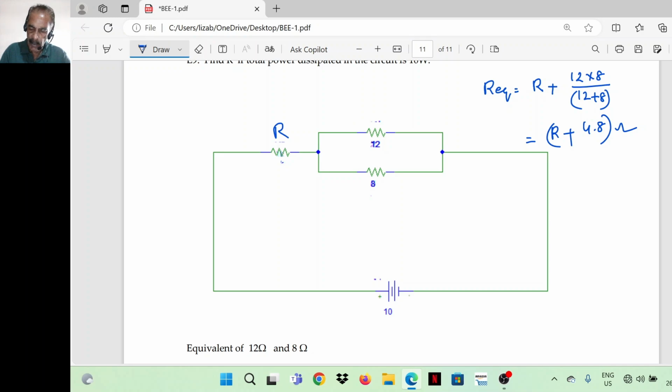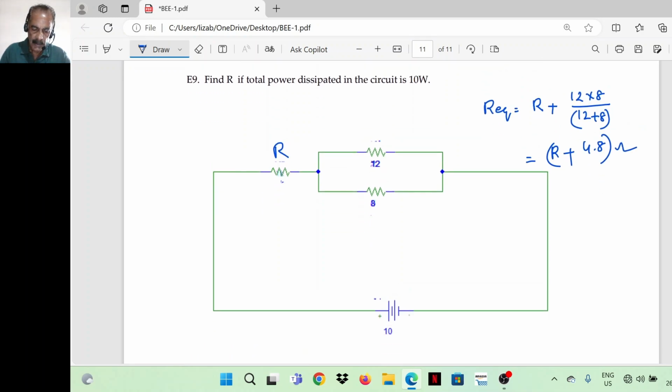So total power dissipated is given, that is 10 watts, in all the three resistors. So total power is 10 watts. That is equal to the power dissipated in the combination of the resistances, that is V square by R equivalent.